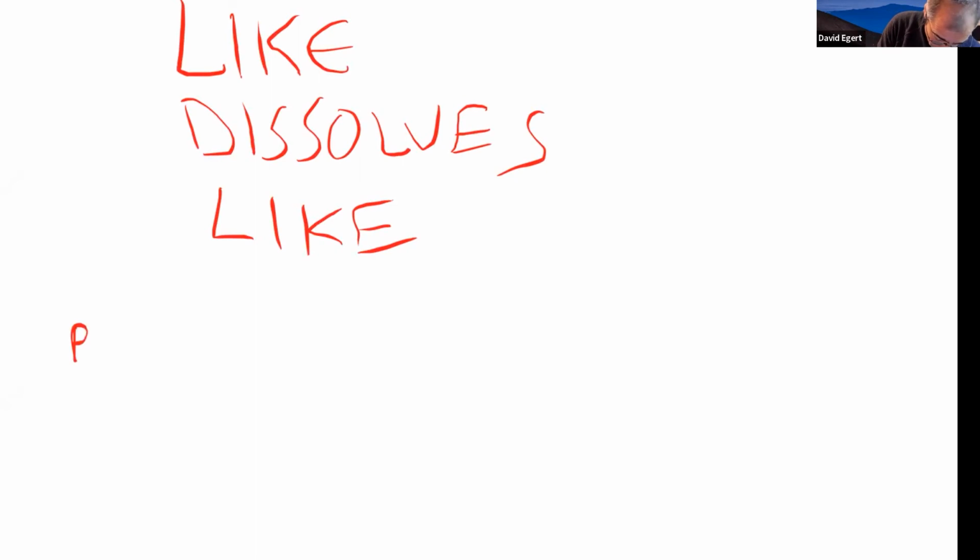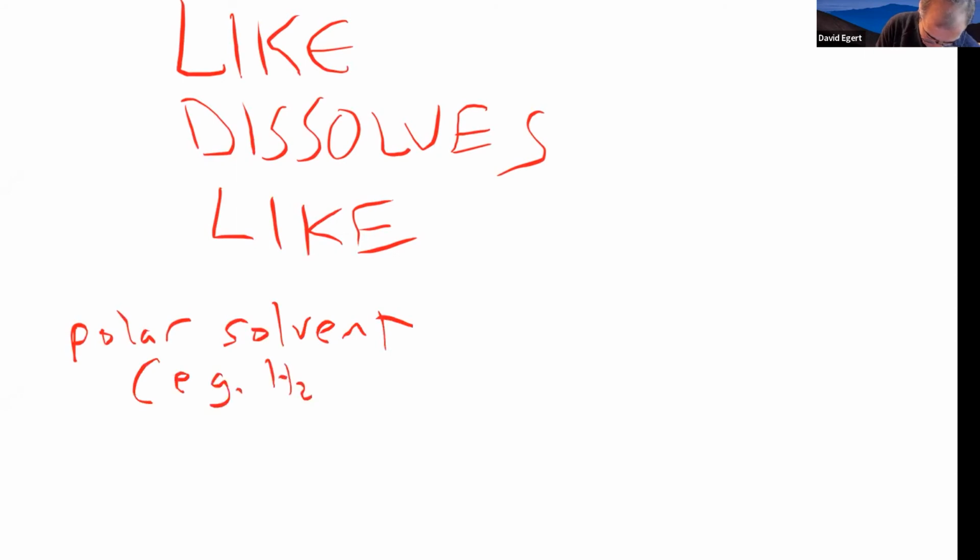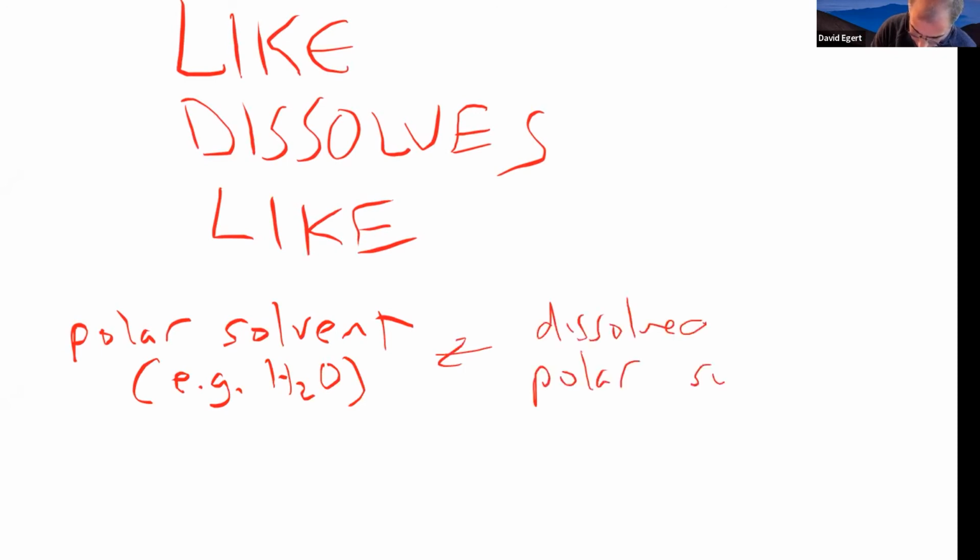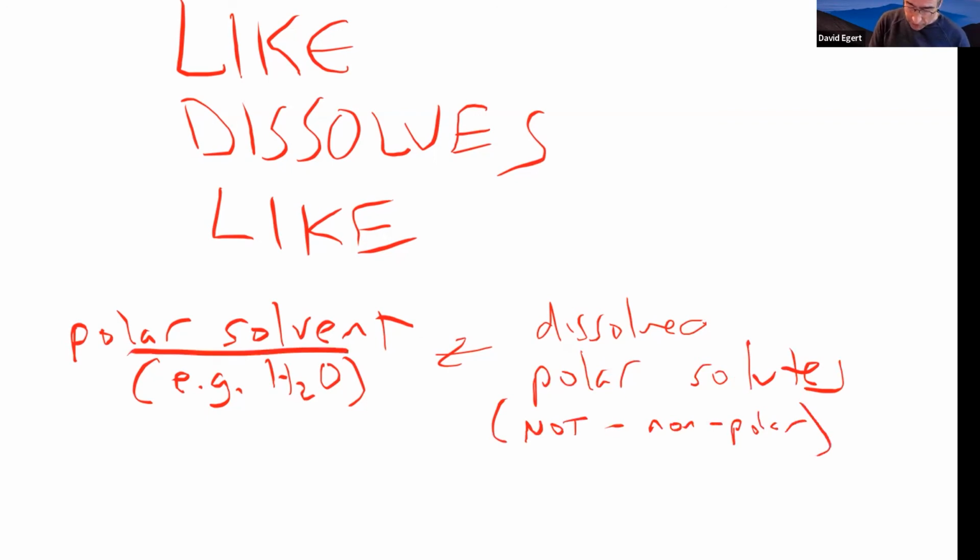So if I have a polar solvent, for instance water, this will dissolve polar solutes, not nonpolar. Solutes that are polar will dissolve in it, but not nonpolar.